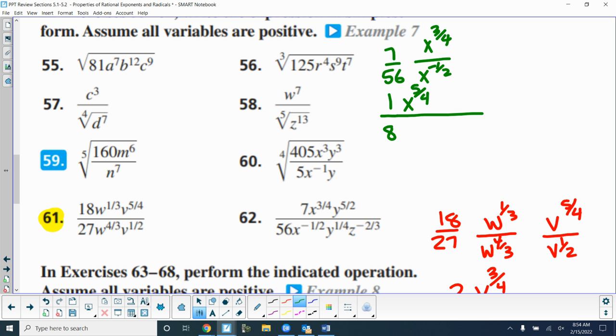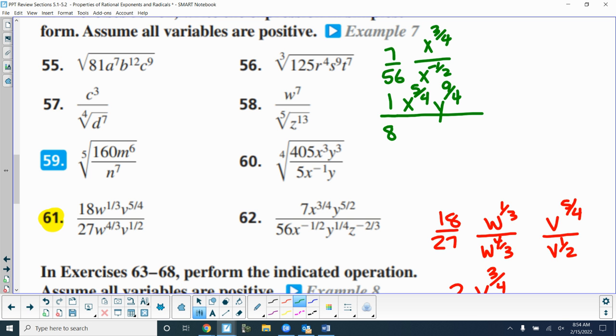All right. Y's. What's bigger, 5/2 or 1/4? 5/2. How many fourths is 5/2? 10/4, right? Just double the 5. So what's 10/4 minus 1/4? 9/4. So the y stayed up top to the 9/4 power.